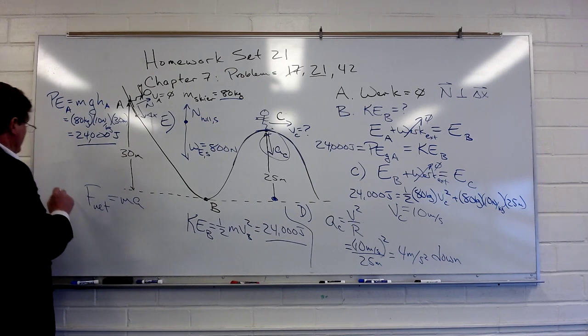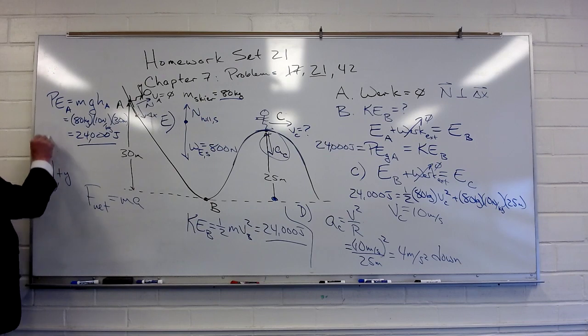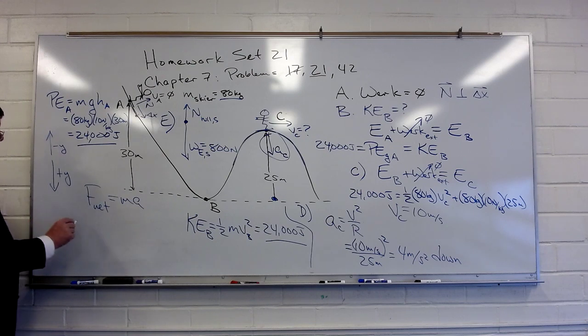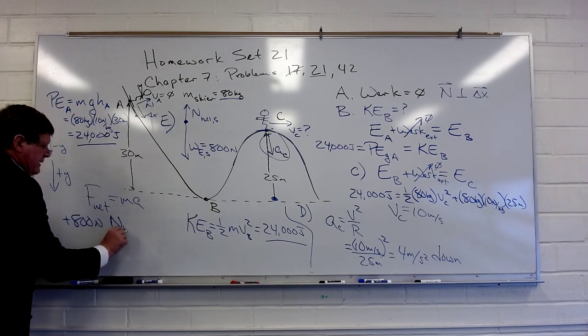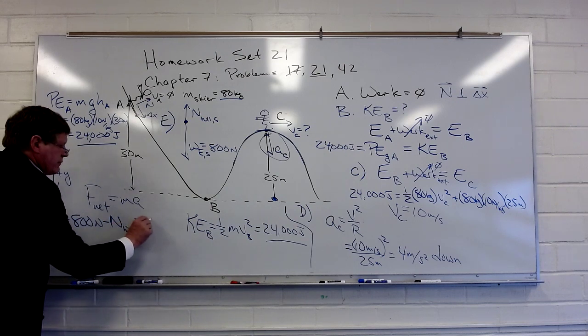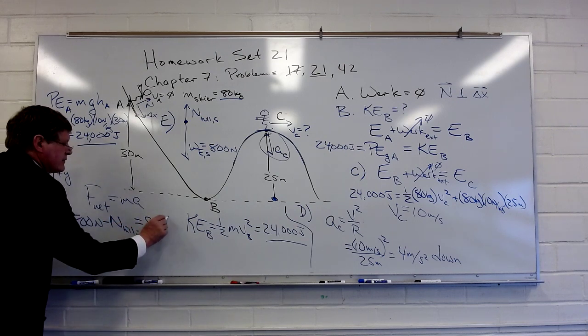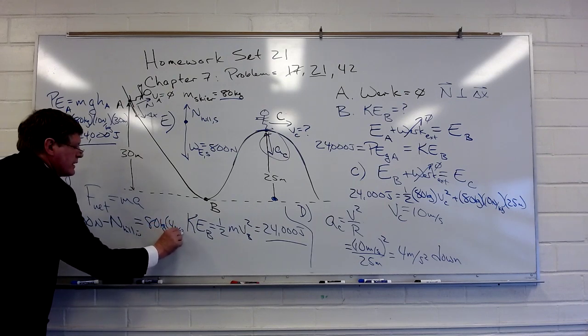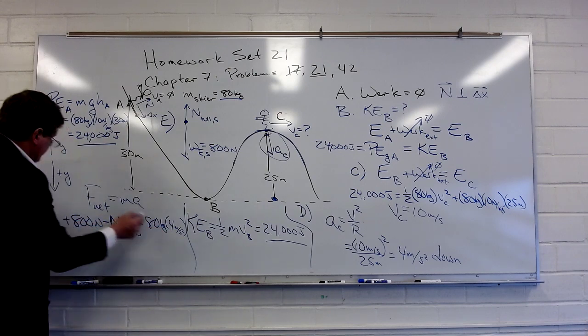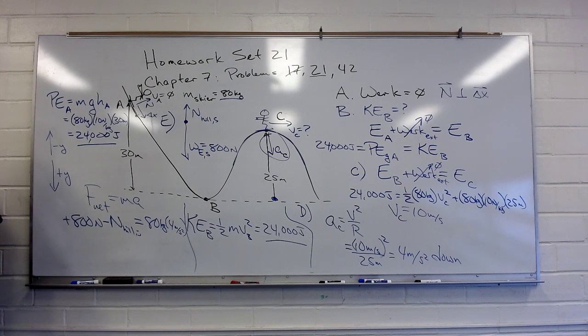So if I call down the positive y direction and up the negative y direction, then I'm going to have F net, I've got 800 newtons down, I'm calling that positive. I've got my normal force by the hill on the skier, that's up, I'm calling that negative. That's going to equal the mass, which is 80 kilograms times the acceleration of 4 meters per second squared. And it's a positive 4 meters per second squared because it's down, and I'm calling that positive, okay?